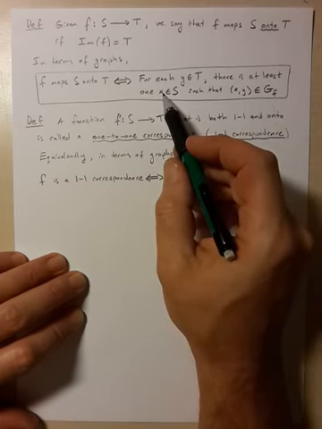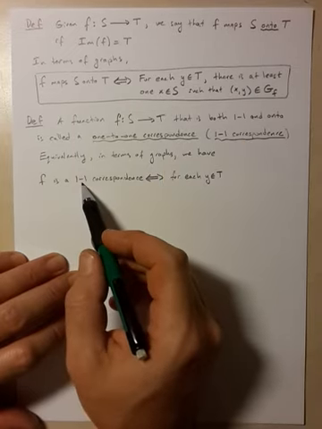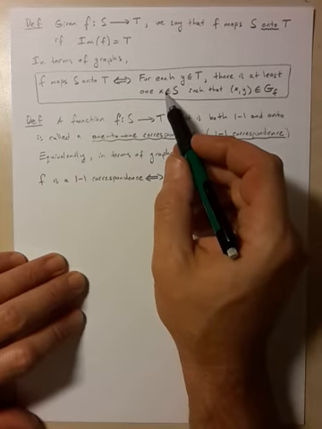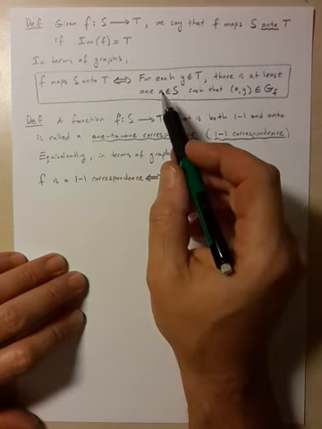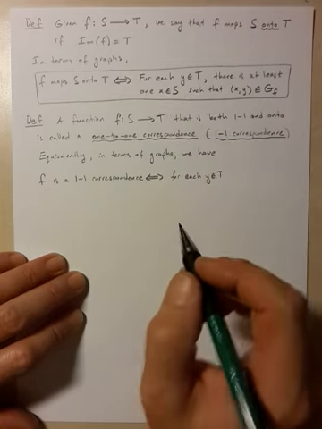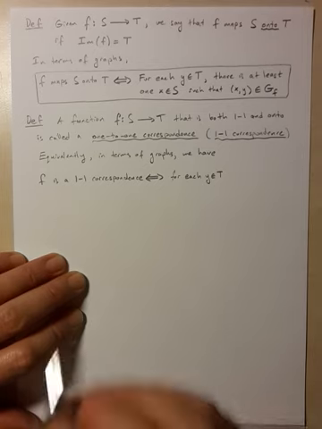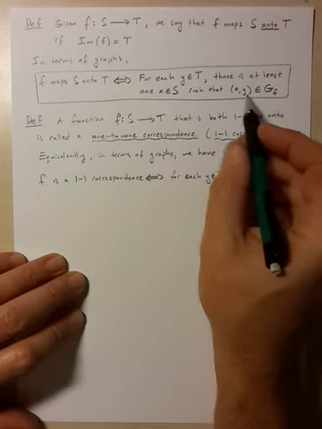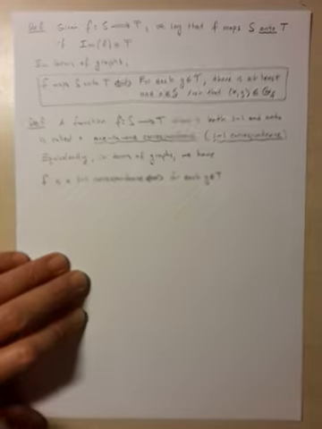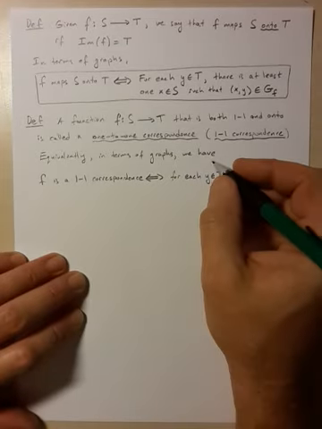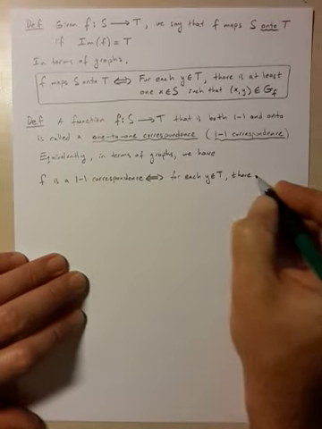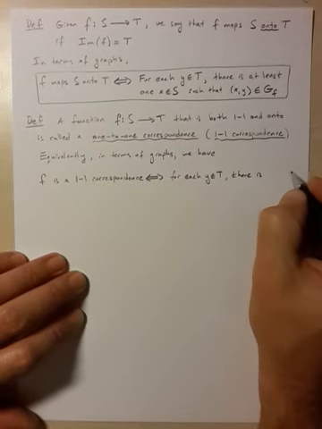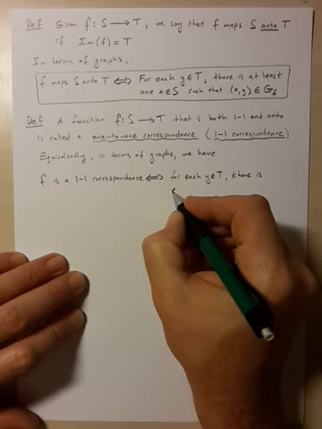But since it is also one-to-one, the number of such x's must be at most one. Therefore, there must exist exactly one x in S such that (x, y) is an element of the graph.